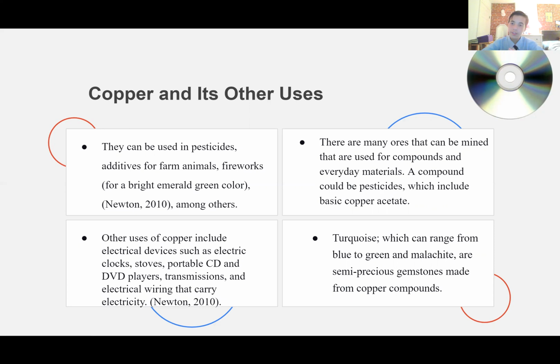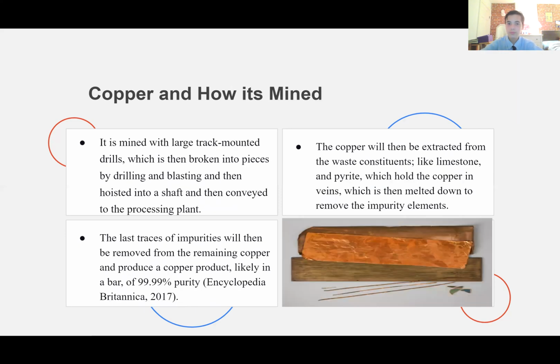Another thing that it is found in is turquoise, which can range from blue to green, and malachite, which are semi precious gemstones made from copper compounds. Some other uses of copper include electrical devices such as electric clocks, stoves, portable CD and DVD players, transmission, and electrical wiring that carry electricity.